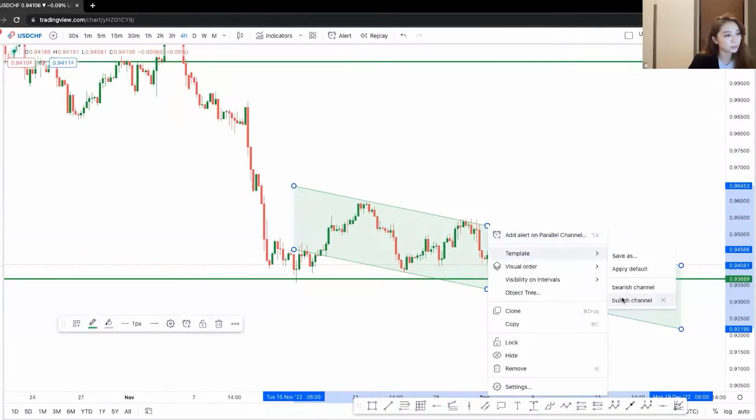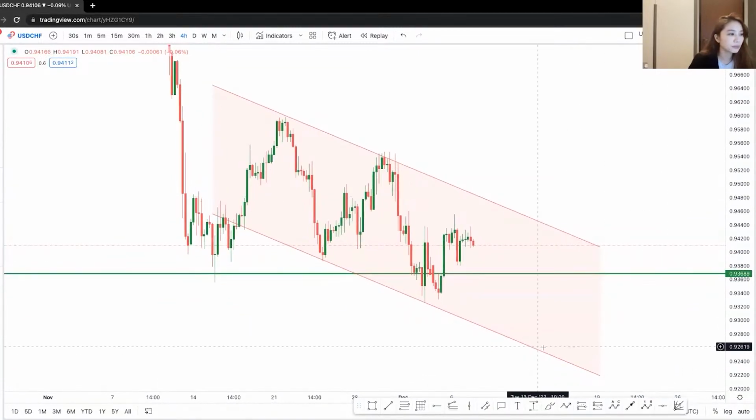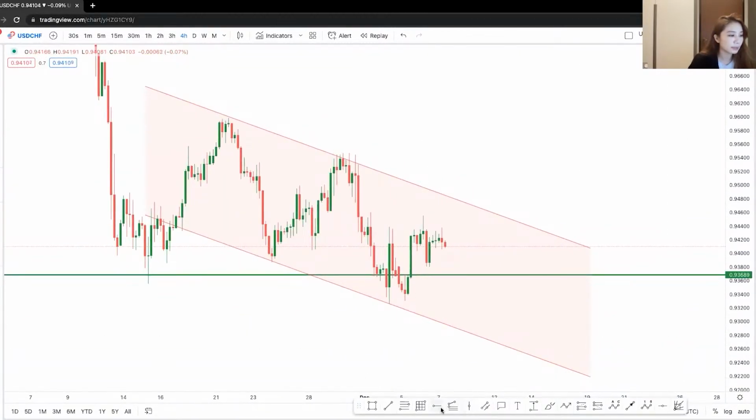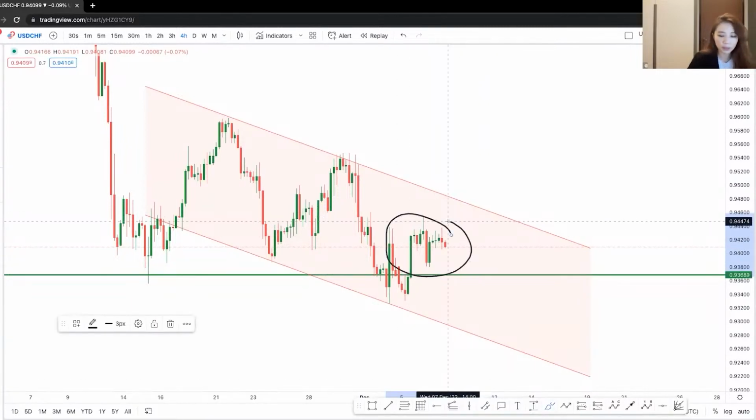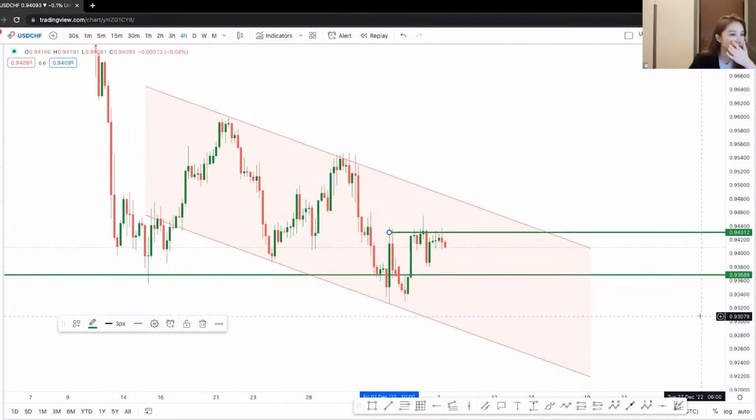A bearish channel in this case. However, I would say that currently price is right smack in the middle of the channel. The market is a bit unsure of its goings, and we can see the price do react a fair bit on this level of resistance at this price of 0.94312.